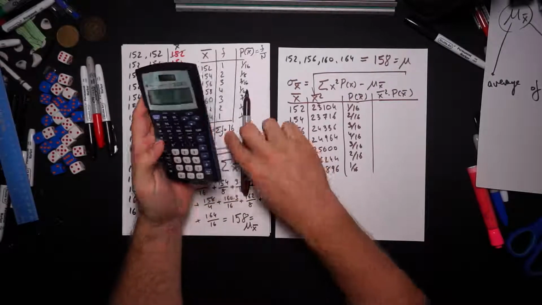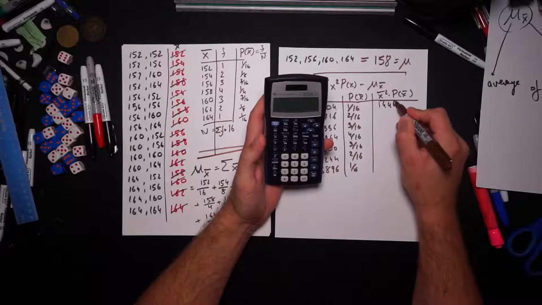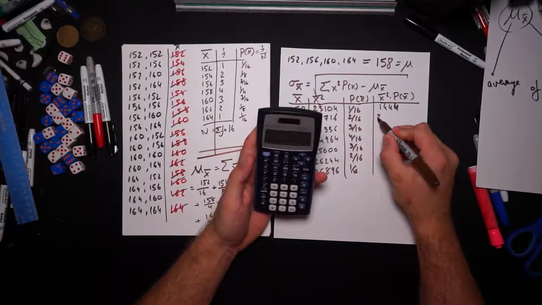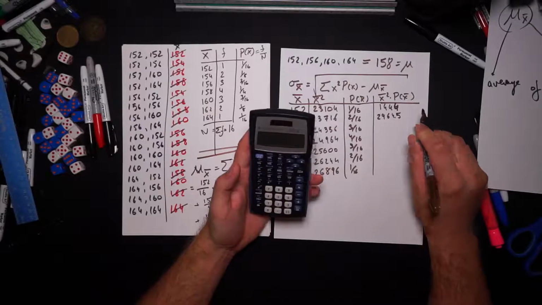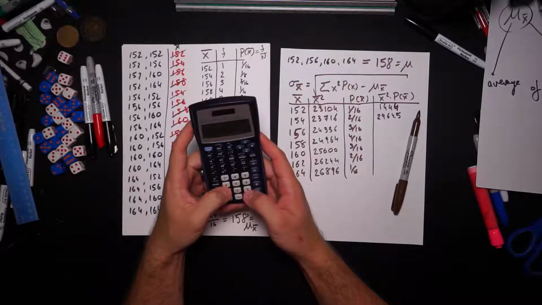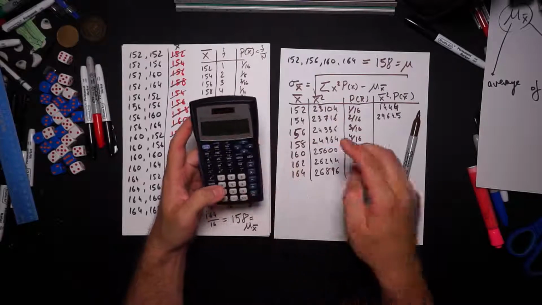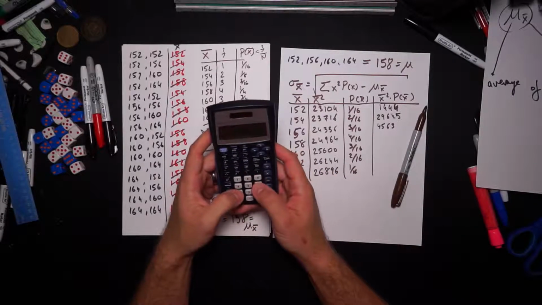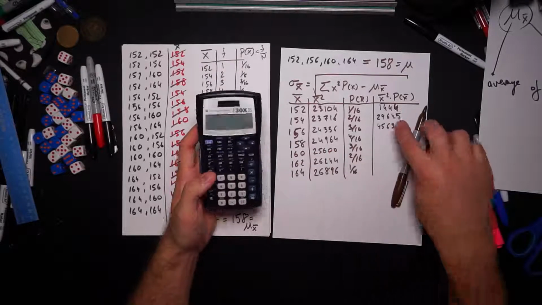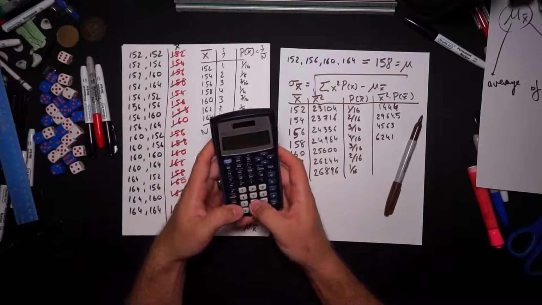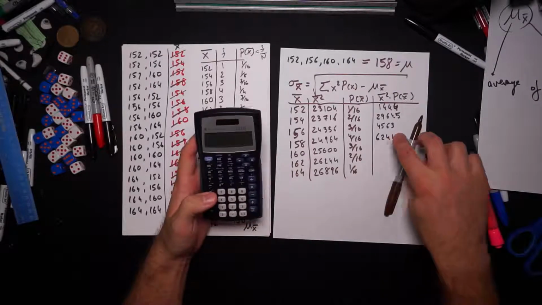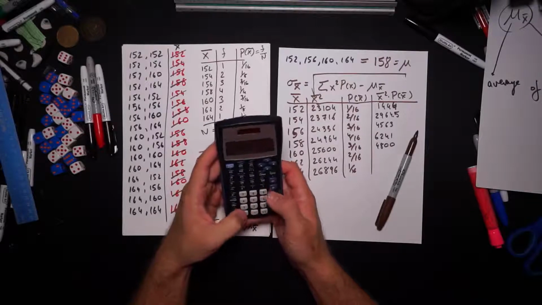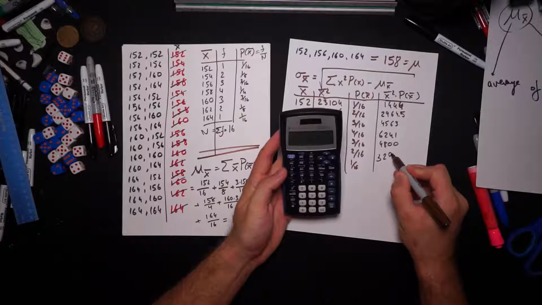23104 divided by 16 is 1444. 23716 times 2 divided by 16 is 2964.5. 24336 times 3 divided by 16 is 4563. 24964 times 4 divided by 16, 6241. 25600 times 3 divided by 16 is 4800. 26244 times 2 divided by 16, 3280.5.